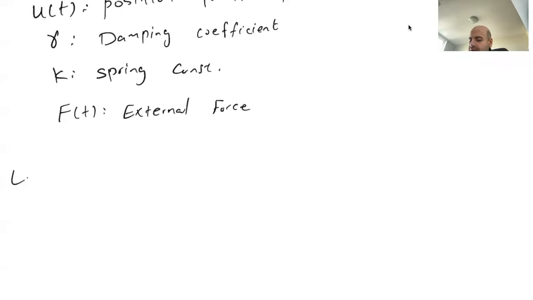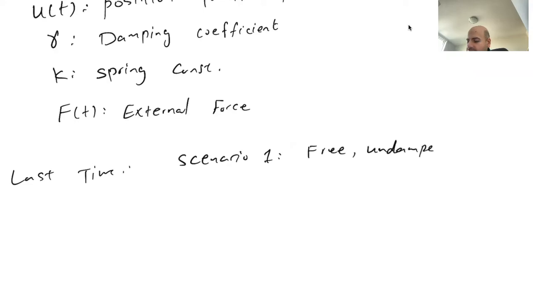So last time we covered different scenarios. So we looked at scenario 1, where we have a free, undamped system. Scenario 2, we assume that we have a free, damped system.